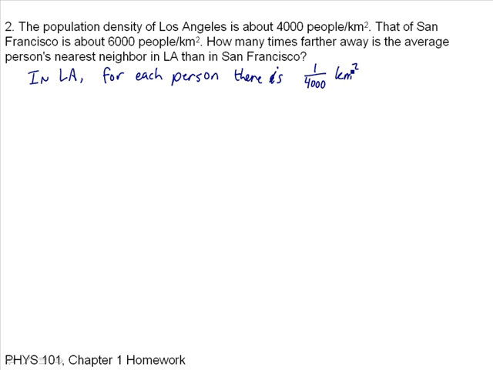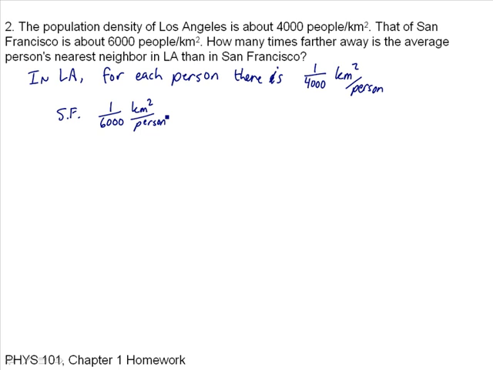In units, that's 1 over 4,000 kilometers squared per person. So each person has that amount of area. And likewise, in San Francisco, each person has an area of 1 over 6,000 kilometers squared per person. That's their space, if you will.